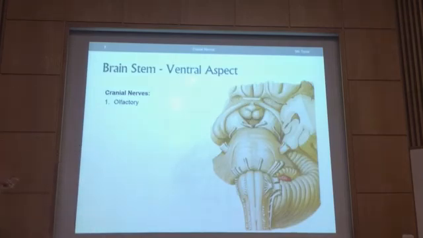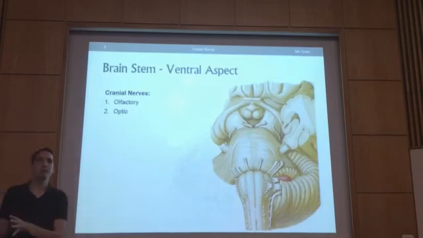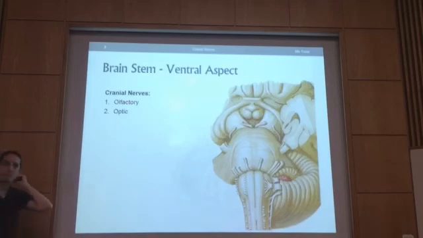So the first cranial nerve is the olfactory nerve, and the second cranial nerve is the optic nerve. And these two are unique, because they are very different from the other cranial nerves, because they don't belong to the brainstem. The olfactory nerve is part of the telencephalon, it's developed from the telencephalon, and it enters the central nervous system directly to the hemispheres.